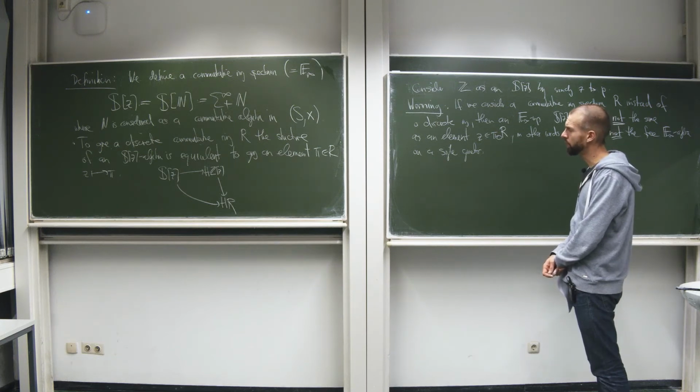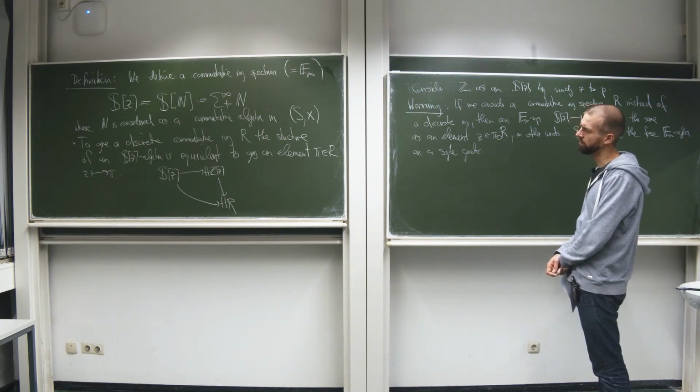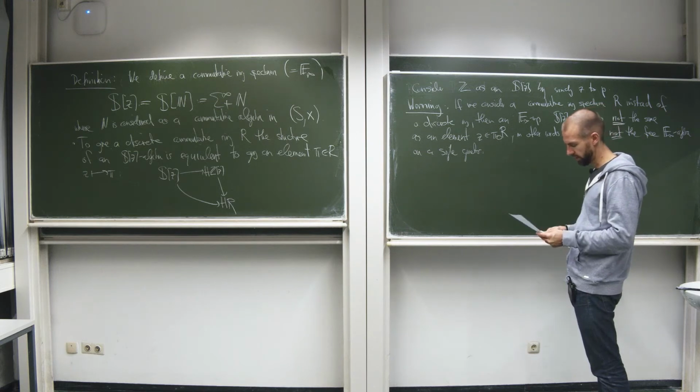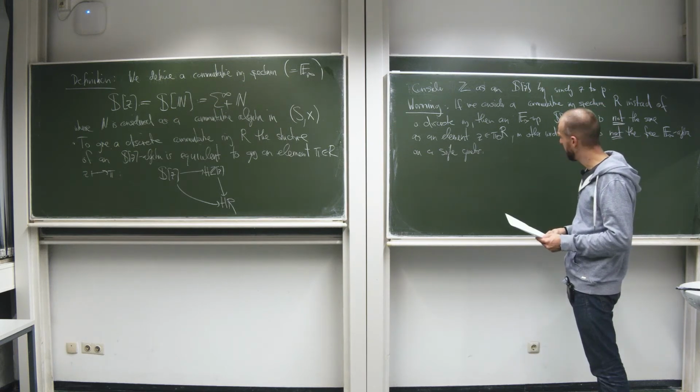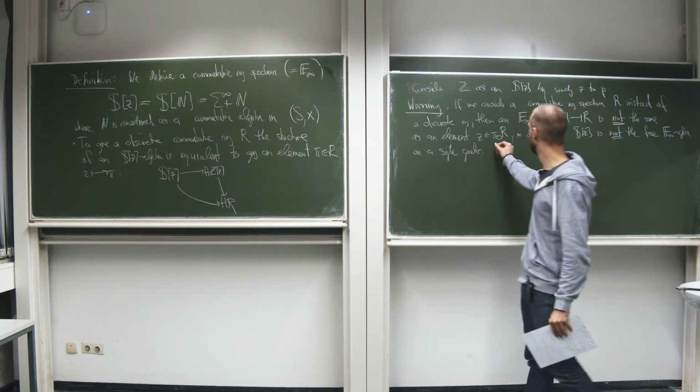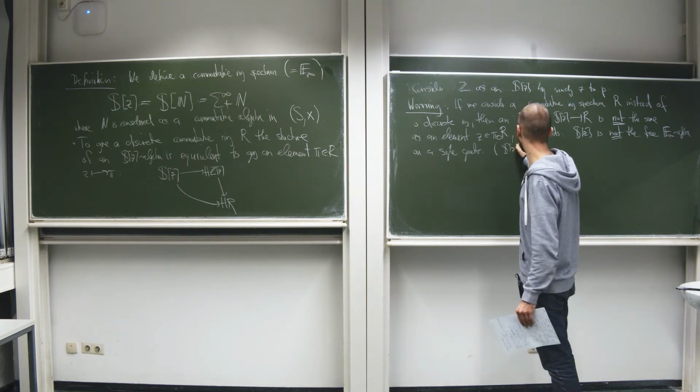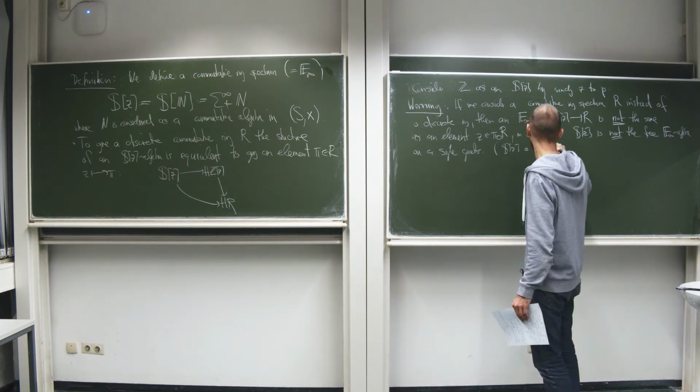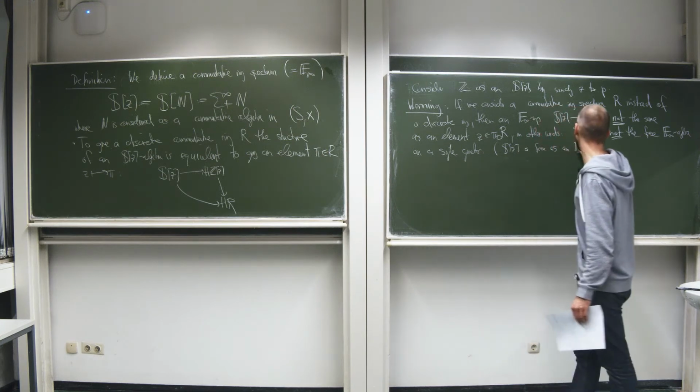Okay, so I guess this is the warning, but we'll work with discrete rings, and then it's easy to give discrete rings the structure of an algebra over SZ. And maybe I should say here, SZ is free as an E1 algebra though.